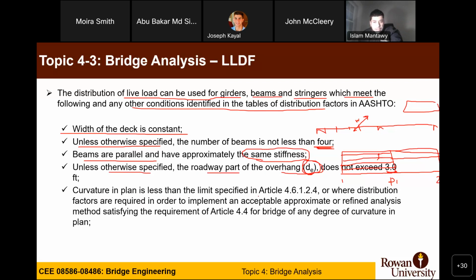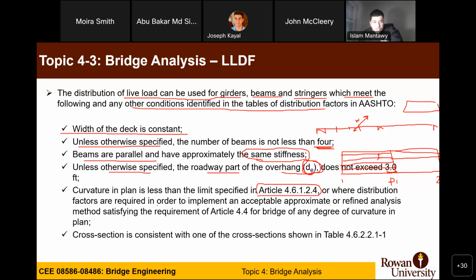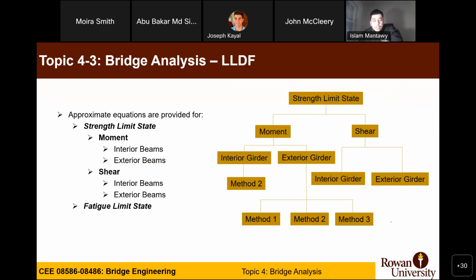This is the article that takes care of curved bridges. The cross section is consistent with one of the cross sections that we mentioned in the table, which is A or K or H, whatever we discussed earlier. So this is actually a flowchart telling you what to expect. If you solve for shear, you use your simplified equation for interior and exterior, and it tells you when you need to use the lever rule.